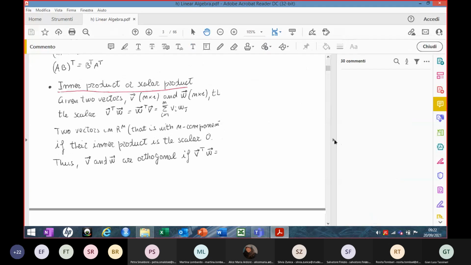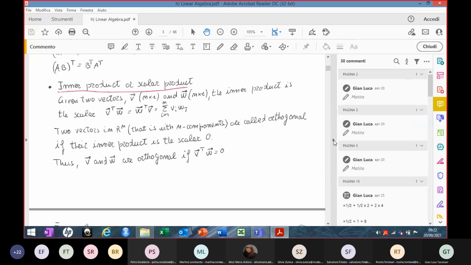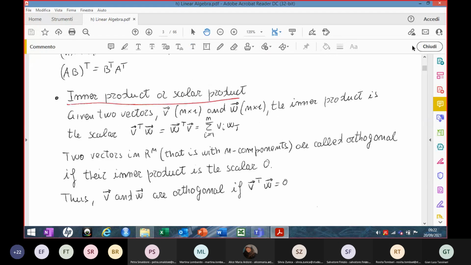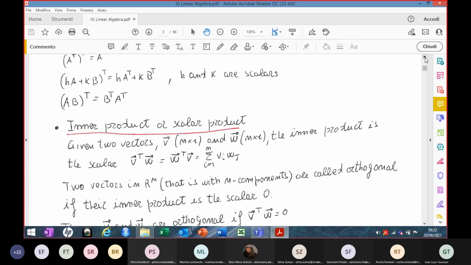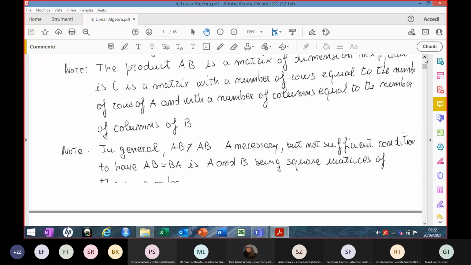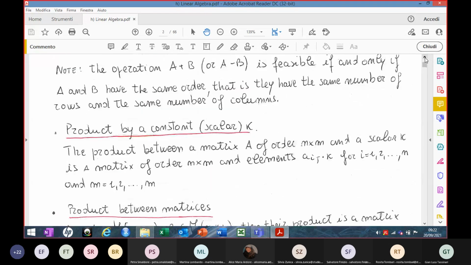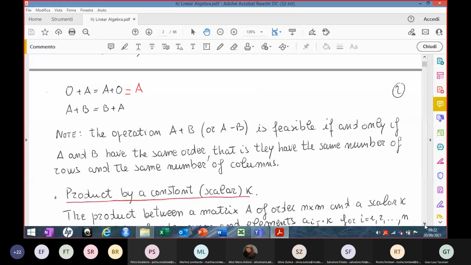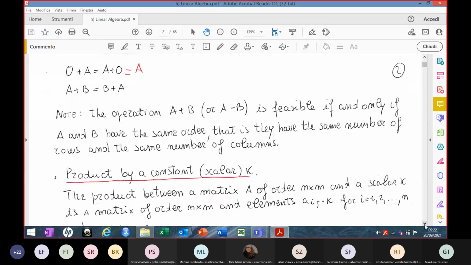Now, another operation that we need to see is the product of a matrix by a scalar. Product by a constant. It's very easy to make the product between a matrix of any order and a scalar k.